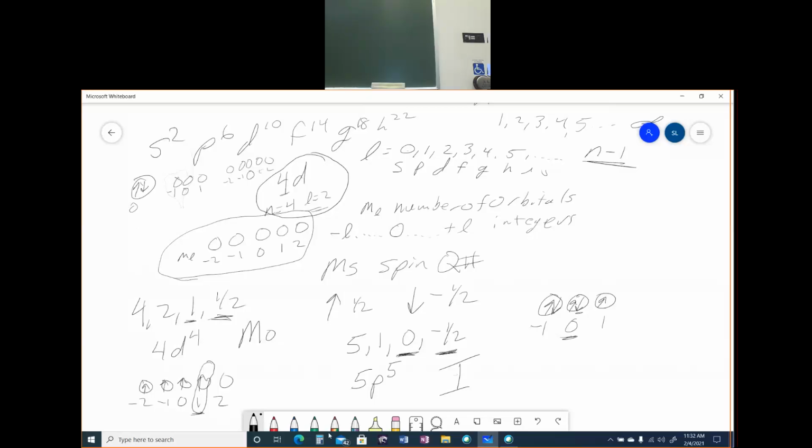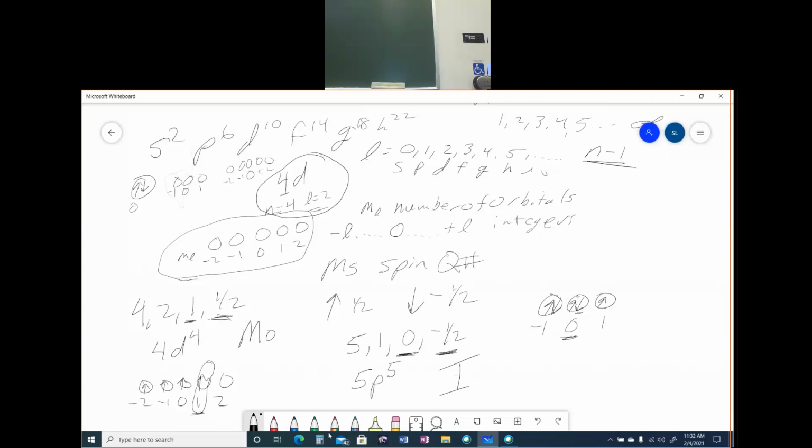So the S and the P follow the row number. The F do not. D doesn't show up until row 4, but the first F doesn't show up until row 6. However, that is a 4F.